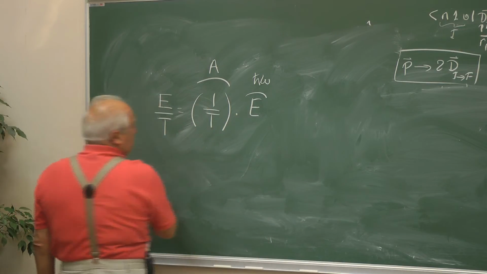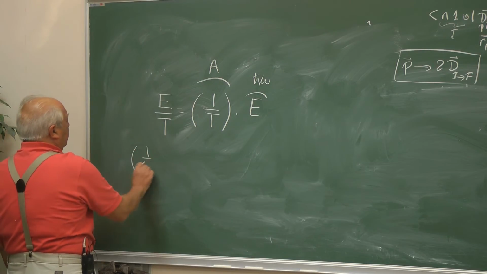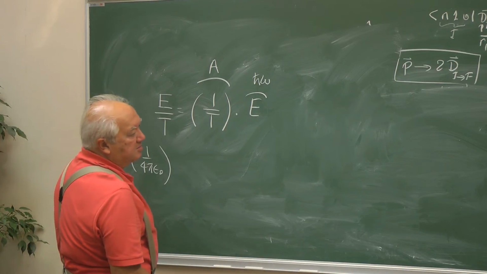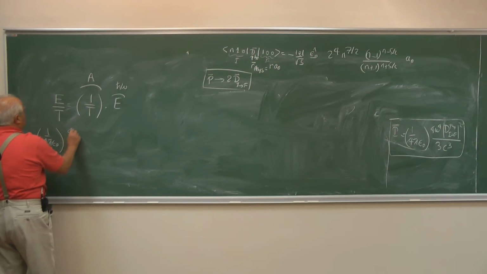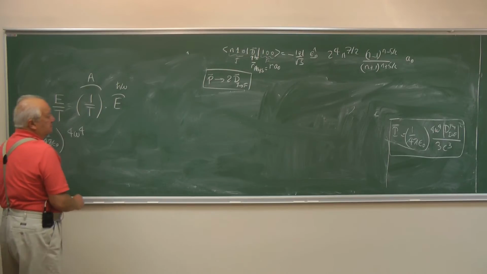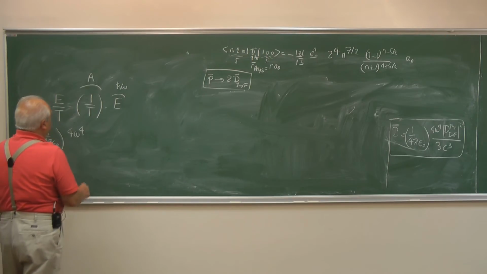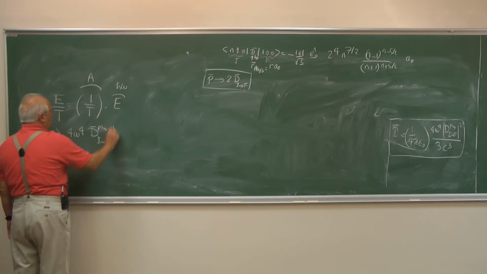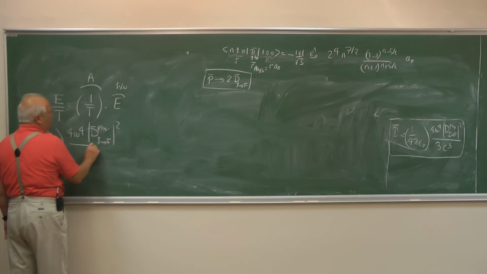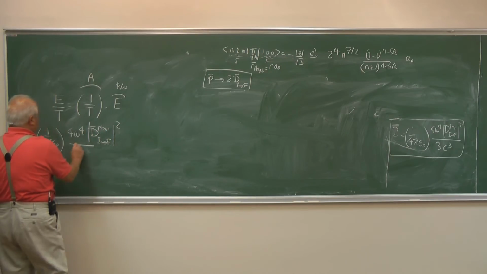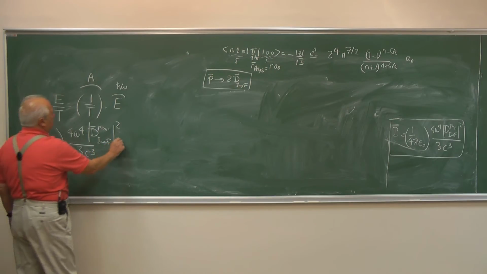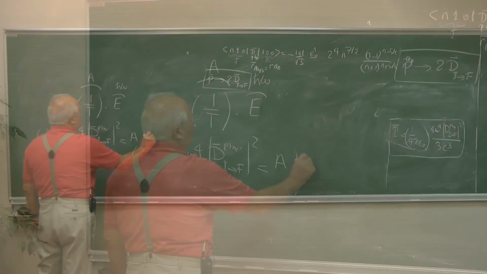So let's write. This is 1 over 4 pi epsilon 0 times 4 omega 4 d physical I to f square over 3c cubed. This is just the power, E of t. That's equal to A times h bar omega.